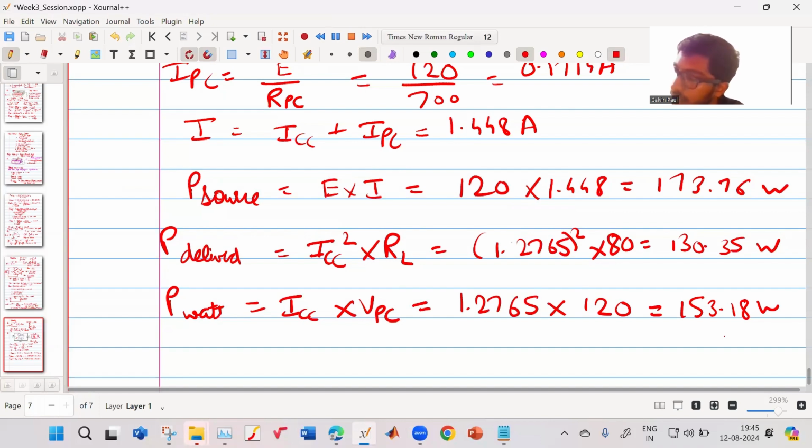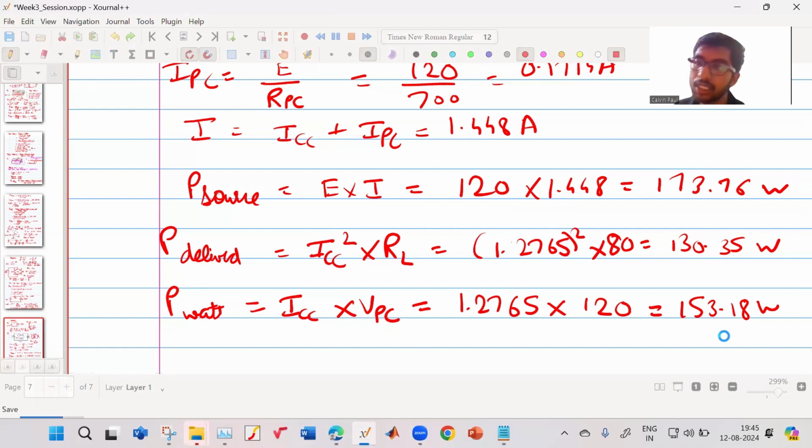But once you added a wattmeter, because of the practical construction, the parasitic and non-ideal resistances, the power delivered to the load is changing, and the power which the wattmeter is measuring is still not equal to the power being delivered to your load. So this is a practical condition which has happened. Any doubts in this?